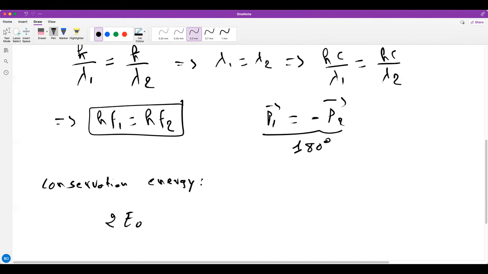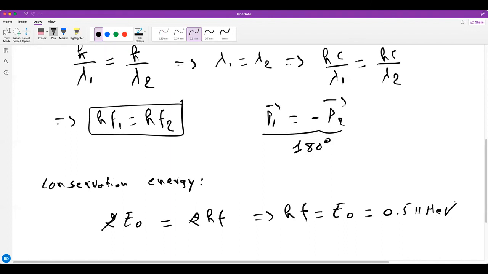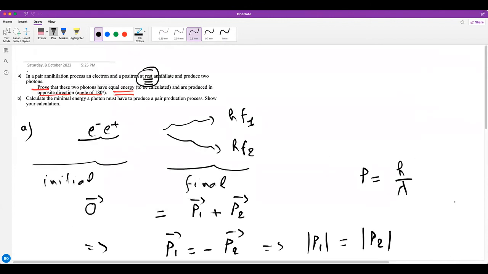So the only energy they have is their rest energy. It is equal to HF1 plus HF2, which is 2 times HF, because the two photons have the same energy. So this means that each of the photons has the rest energy of the electron, which is 0.511 MeV. This is answering the first question.